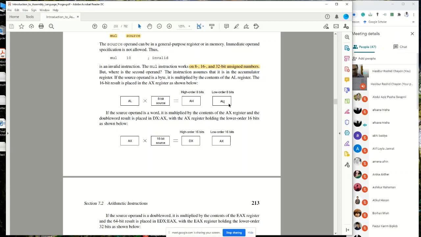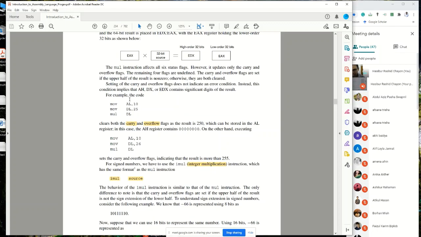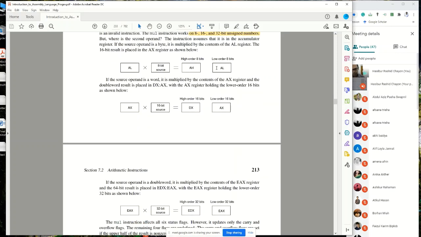Yes, sir. So you can store into this register 255 maximum, but after the multiplication, what is our result? 250, right? So we can easily store the 250 into the AL register, right? Yes, sir. That means, do we need to have any overflow here? Do we need any extra bit from the higher order?